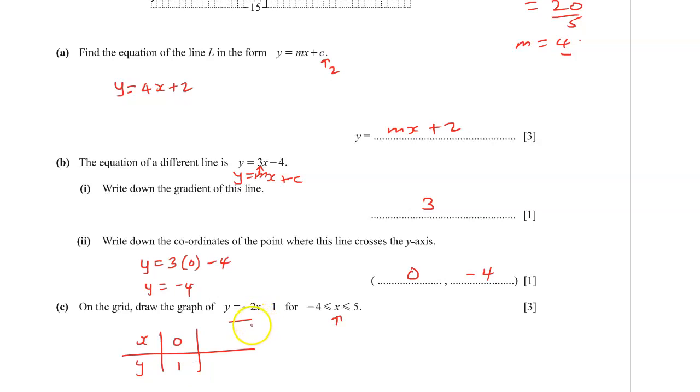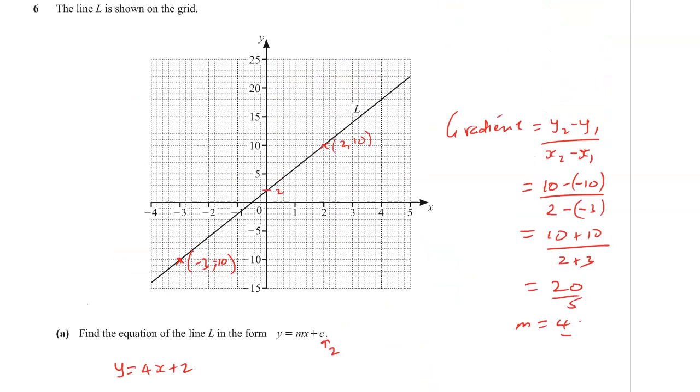When x is 2, y is minus 3. Can go for another value that you need. When x is equal to 1, y is equal to minus 1. Those are enough. Go to the graph.